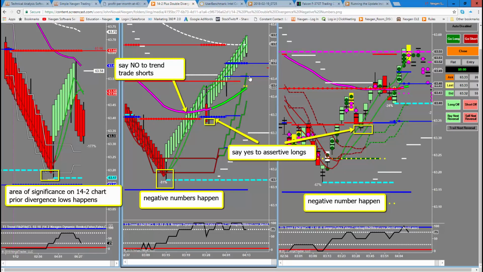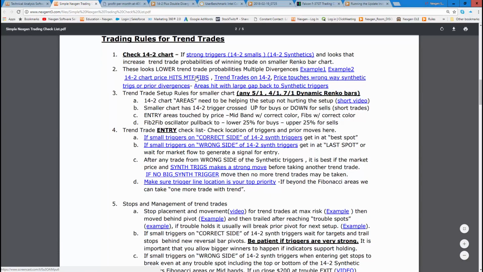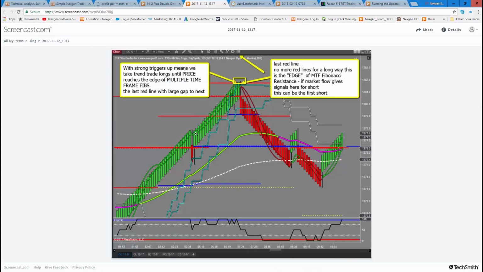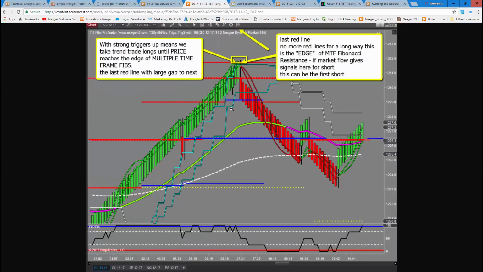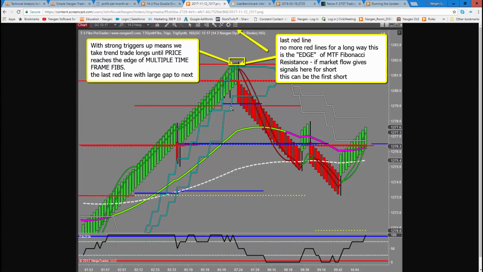The other, there's obviously a lot of things that will cause the market to go the other way. And Jason, you'll appreciate this. This is a picture of NinjaTrader 8 here. If you reach what we call an edge, or the last red or blue line on your chart, on the 14-2 chart, traditionally this is the spot where we want to stop doing long trades.